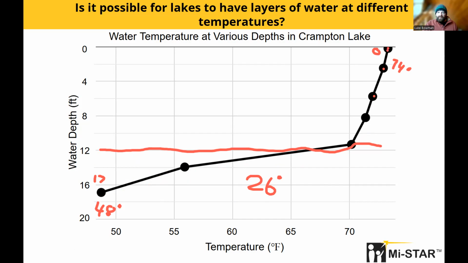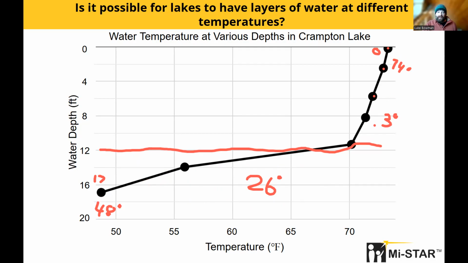And then from 0 to about 11 or 12 feet, we only have about a 3-degree change. And so from 12 down to 17 feet, we have about a 23-degree rise in temperature in this layer.